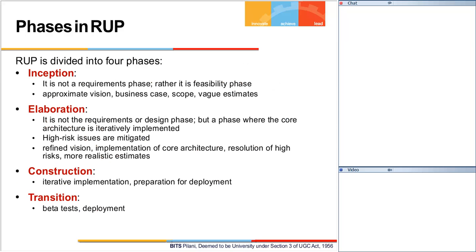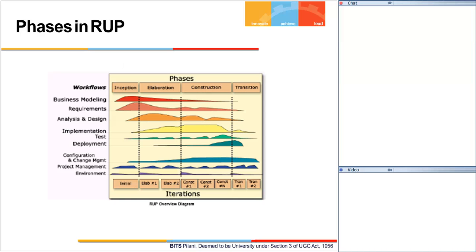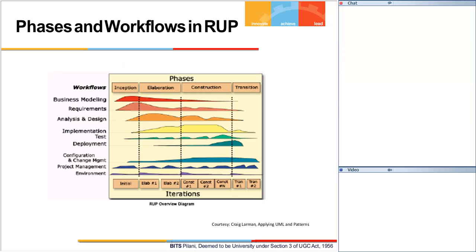Before coming to a detailed description of the 4 phases of this particular model, I will show you first the diagram, right? So this is how the diagrammatic representation of the rational unified process looks, right?